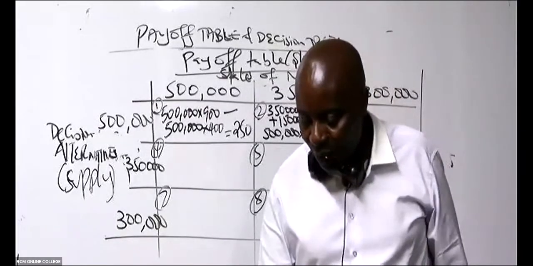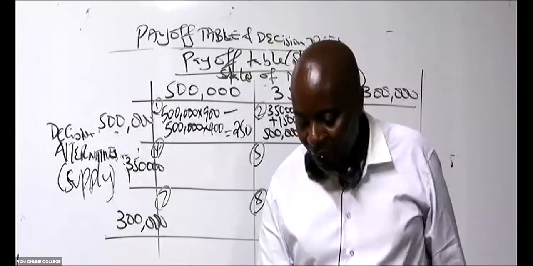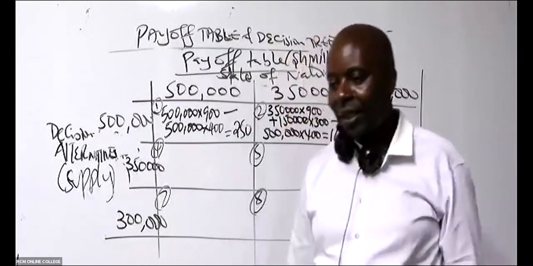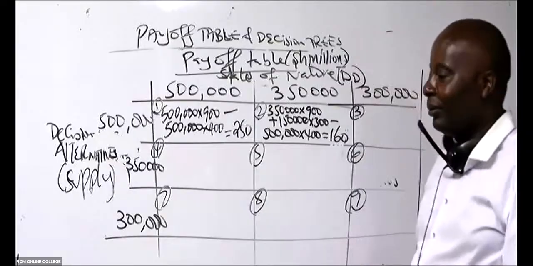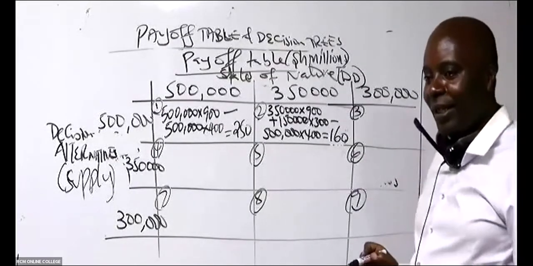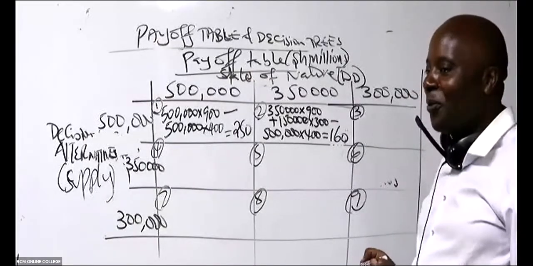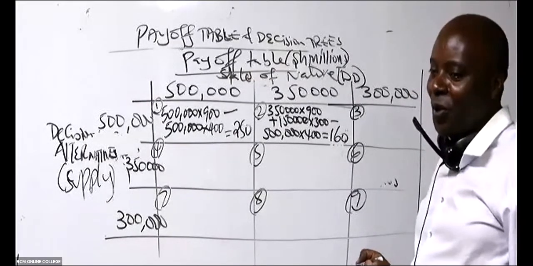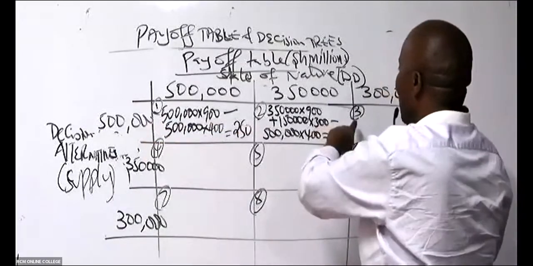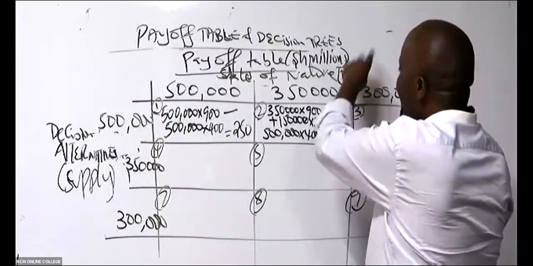So I can see so many of them giving me 130. They are very wrong. We can bet on that. Most of them are telling me, Mwalimu, 130. Please listen. Here, we have supplied 500 and the demand is 300.